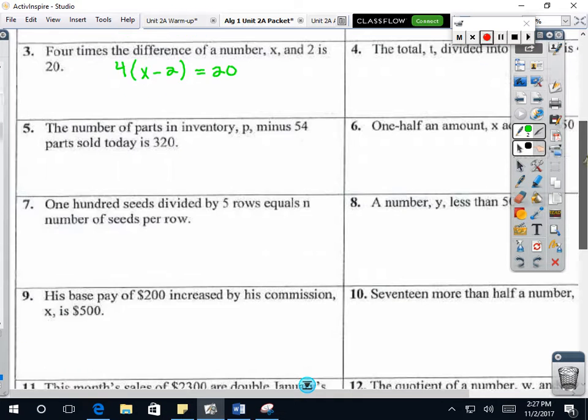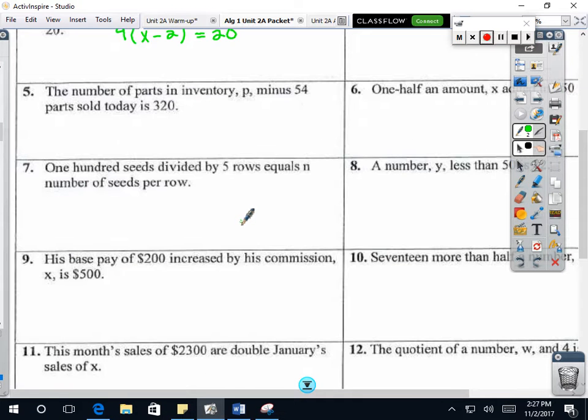Okay, number 5. The number of parts in inventory, which we're going to call P, minus 54 parts sold today is 320. So what's the equation look like? Right, P minus 54 equals 320. So how many parts were in the inventory at the beginning of the day?